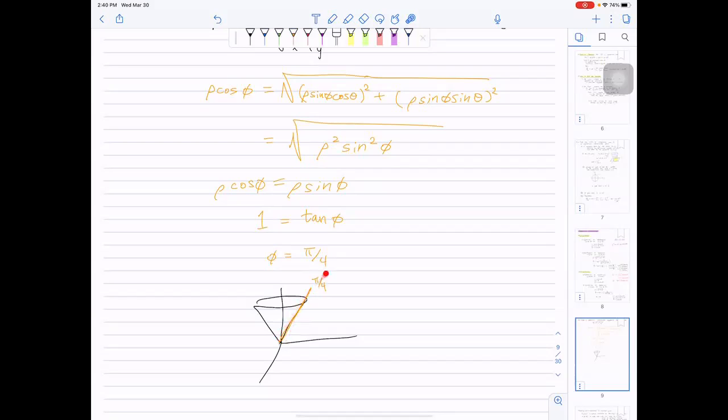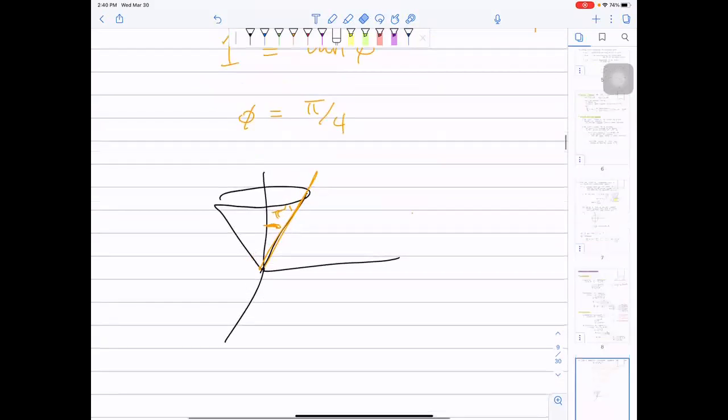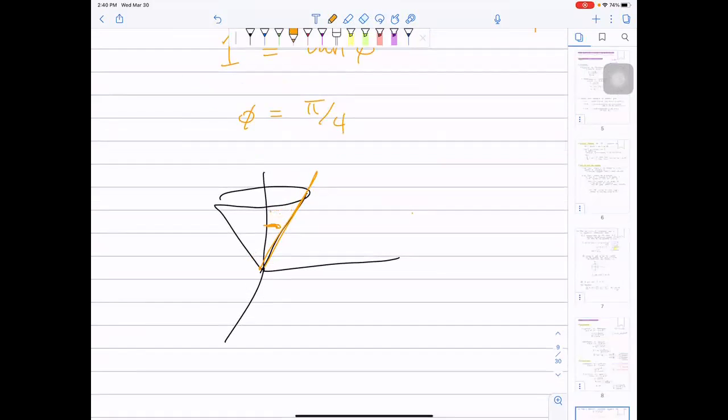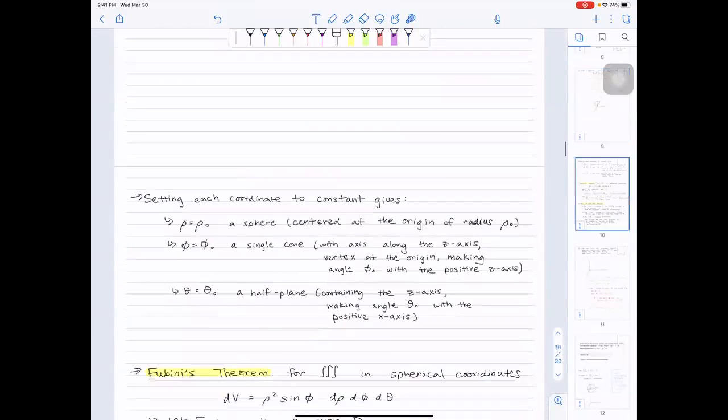So the largest angle that any point on your shape would make with the z-axis is pi over 4. So the angle is pi over 4. Any questions on that? Okay.